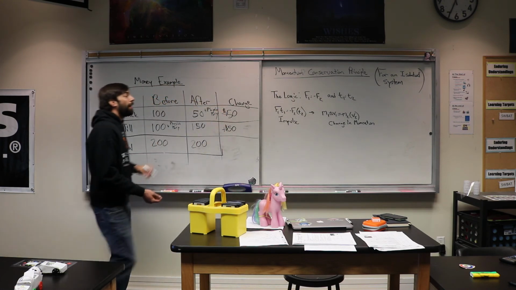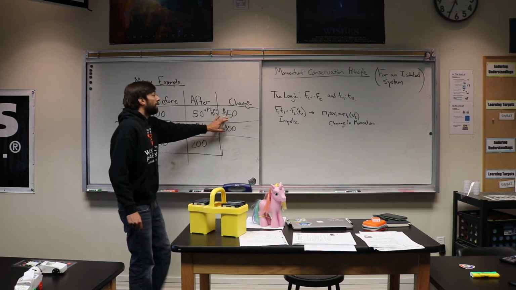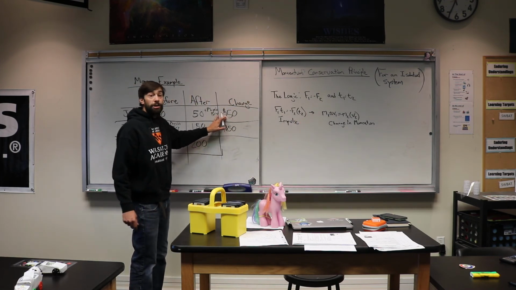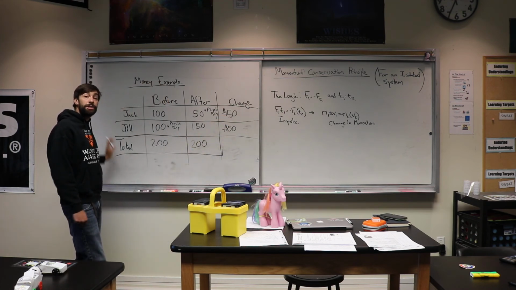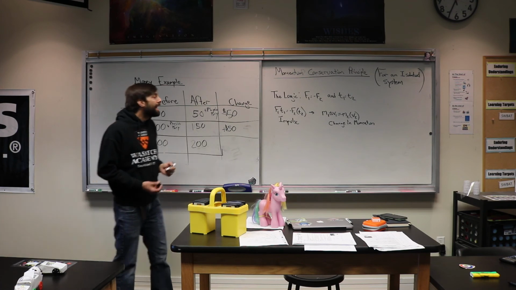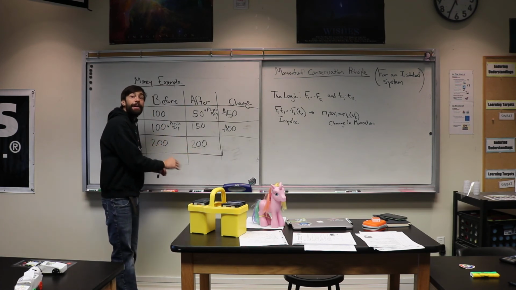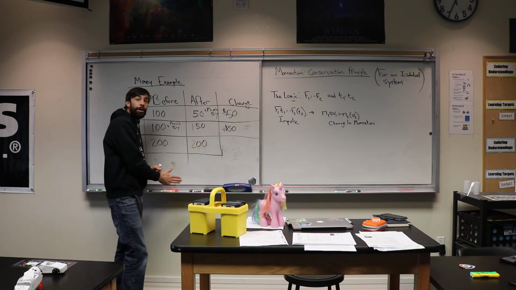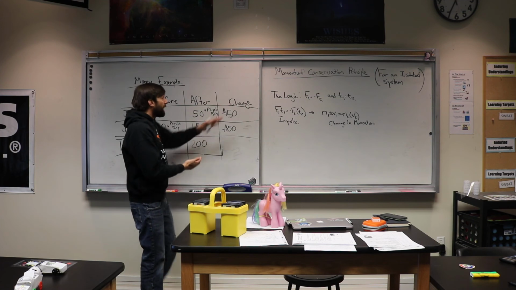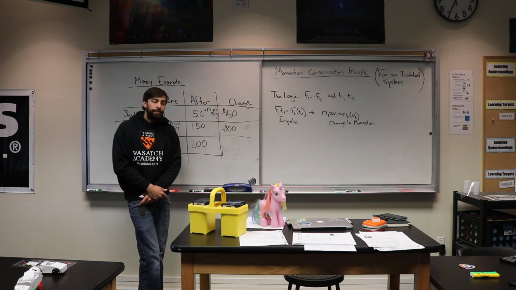And this is what I was talking about over here with momentum, that the negative change for Jack is equal to the positive change that Jill experiences, right? And so the total amount of momentum in a system is going to stay the same, the total before and the total after. However, the change for each object is going to be equal and opposite.